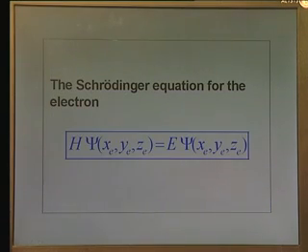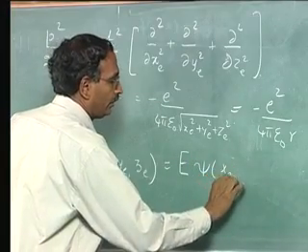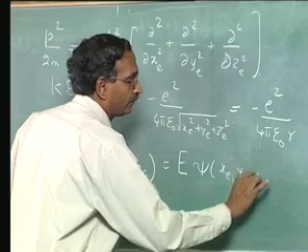Then the Schrodinger equation that we want to solve is H psi, which is now a function of the electron position x_e, y_e, z_e, equal to E, the constant energy, times psi of x_e, y_e and z_e.